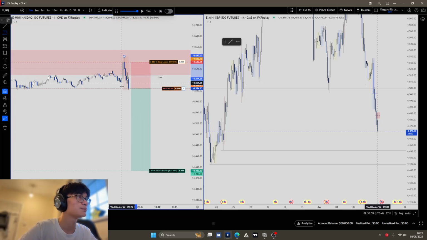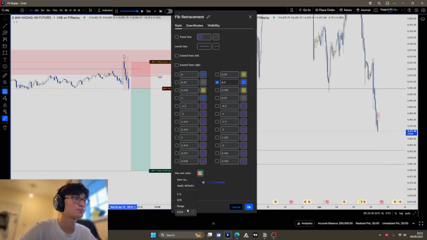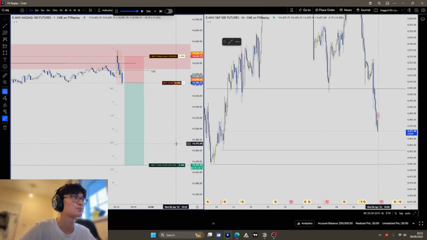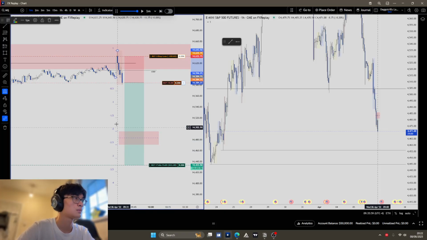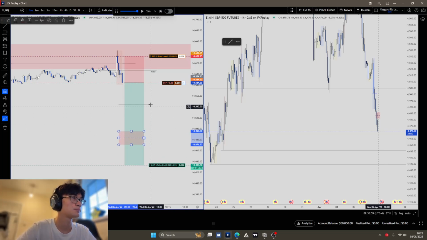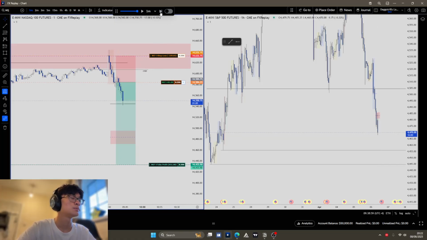Standard deviation. Vector 2. And -1 is probably my break even or trail. So we'll see here. There's my trail.